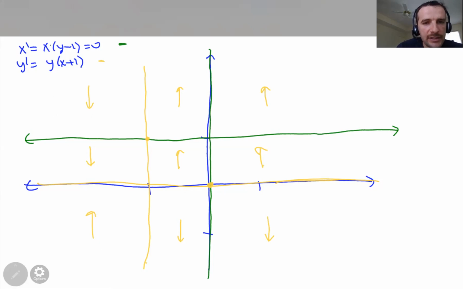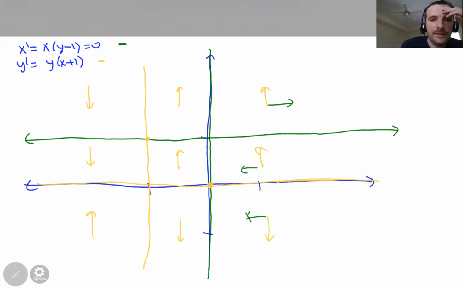Then x is bigger than 0 and y is bigger than 1, which is this region, right? It is positive, so x is increasing, which means we are going right. Here, when y is less than 1 and x is bigger than 0, it is negative, so it is decreasing. It's going left.